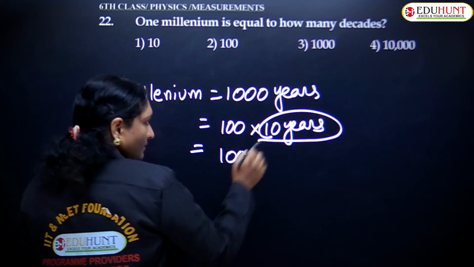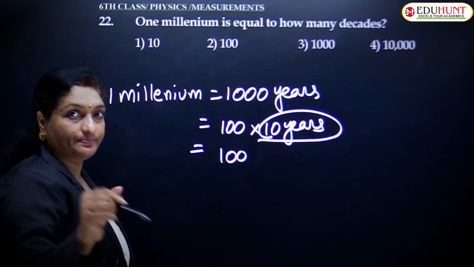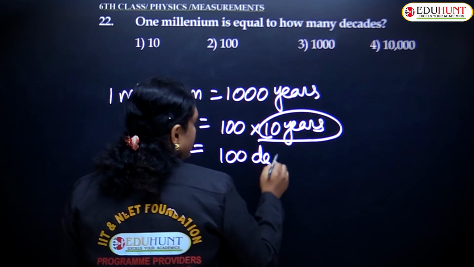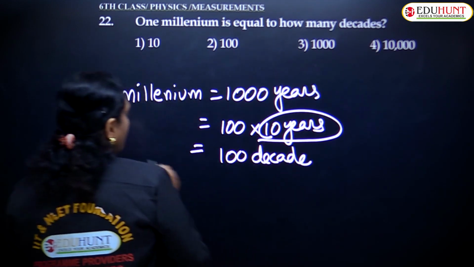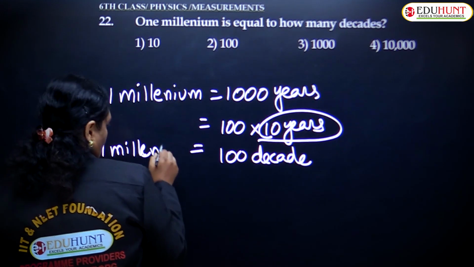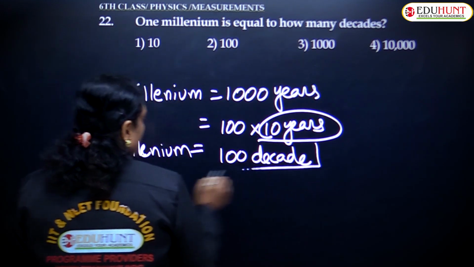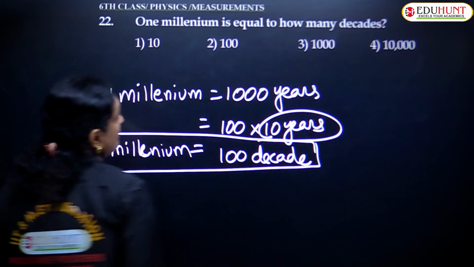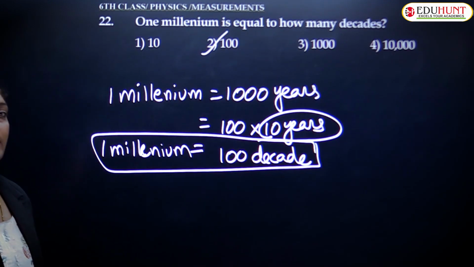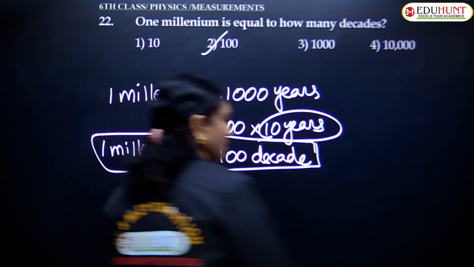But 10 years means 1 decade. So instead of 10 years, I can write a decade. So 1 millennium is equal to 100 decades. Second option.